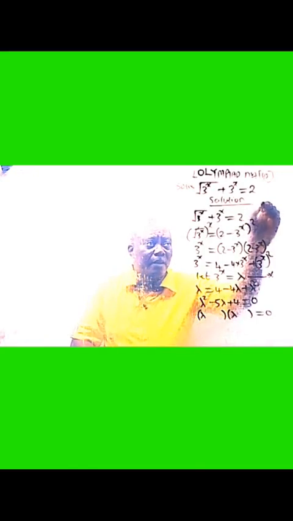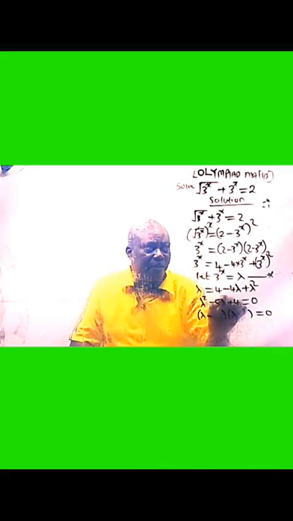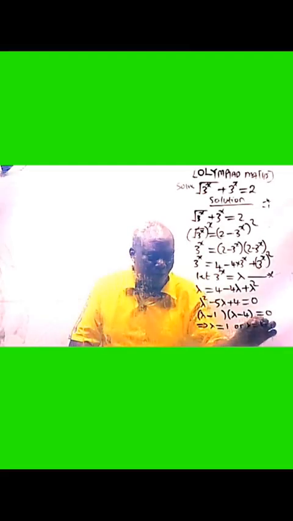The numbers are minus 4 and minus 1. Minus 4 minus 1 is minus 5, and minus 4 times minus 1 is 4. So we have lambda minus 1 and lambda minus 4. This implies that lambda will be either equal to 1 or lambda will be equal to 4.